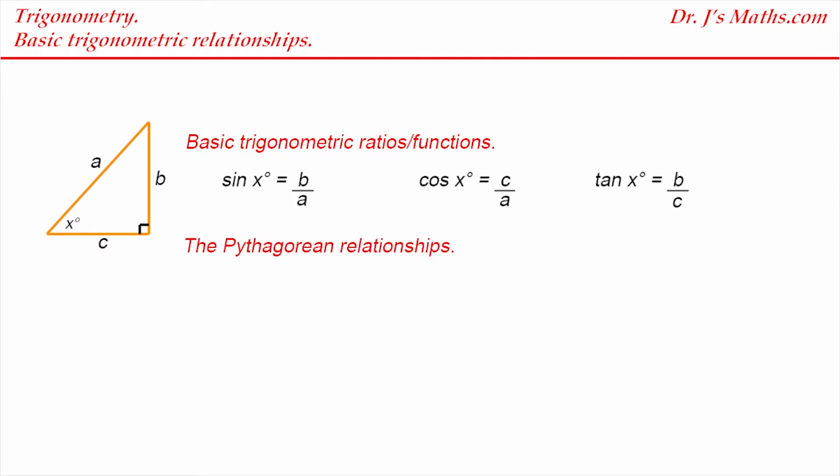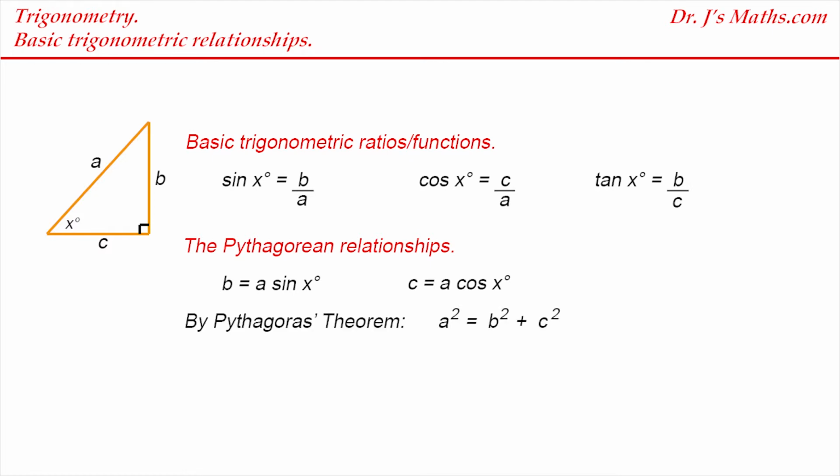The next set of relationships are called the Pythagorean relationships after the grand old man Pythagoras himself. So if we take our basic ratios and we clear the fractions, we have b is equal to a sine x, c is equal to a cos x, and b is equal to c tan x if we wanted that. Now Pythagoras, as you know, used to love squaring things, and he saw a triangle like this and he said, "You beauty, I've got a squared is equal to b squared plus c squared."